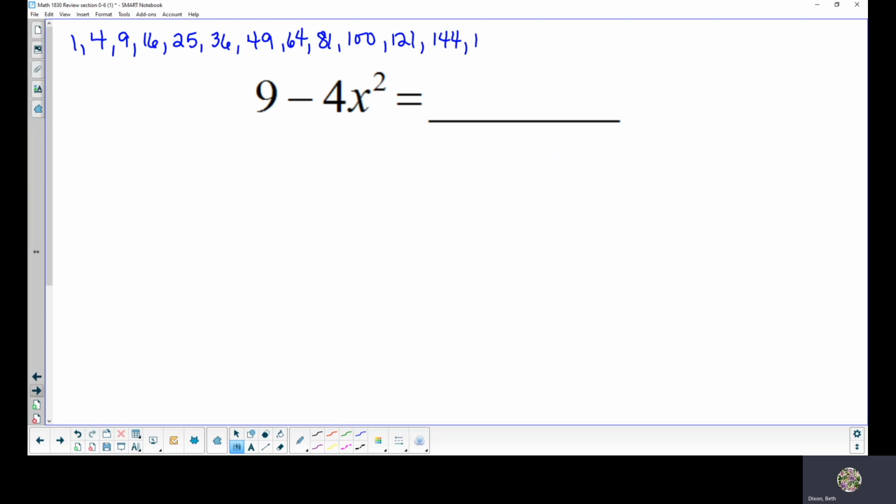That's 12. 13 is 169. 14 is 196. 15 is 225, and it keeps going. We'll put 3 dots out there.